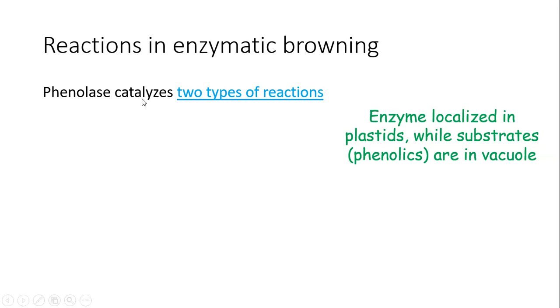So now we'll see the two types of reactions catalyzed by polyphenol oxidase. The first one is hydroxylation. We can call it cresolase activity, followed by the catecholase activity, which is an oxidation reaction.